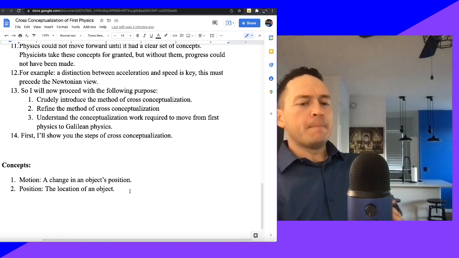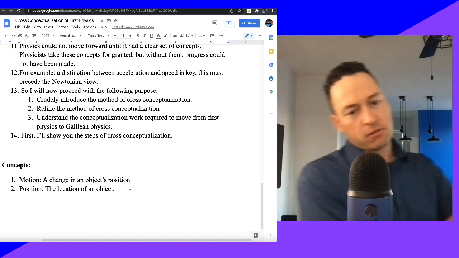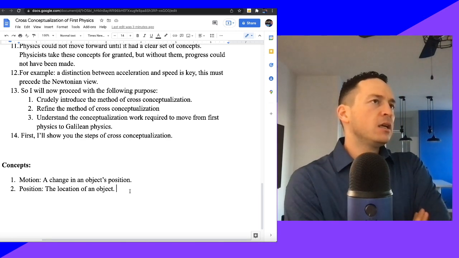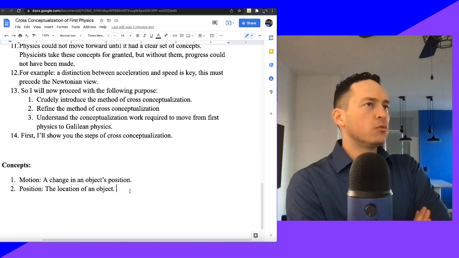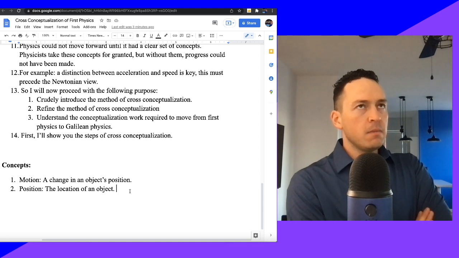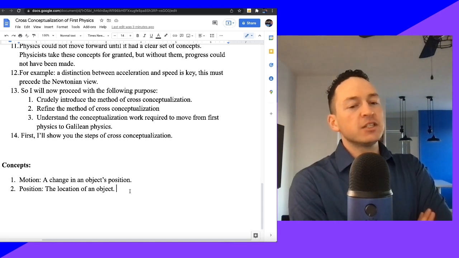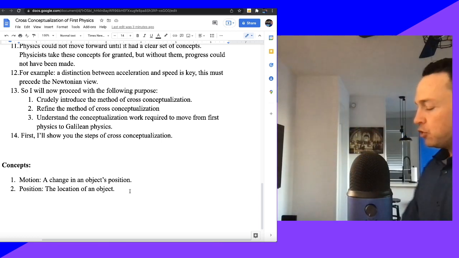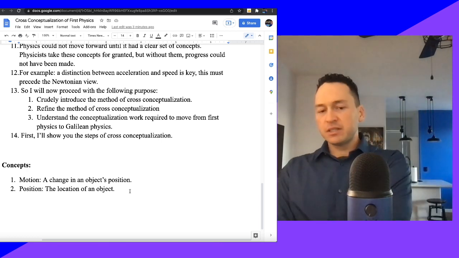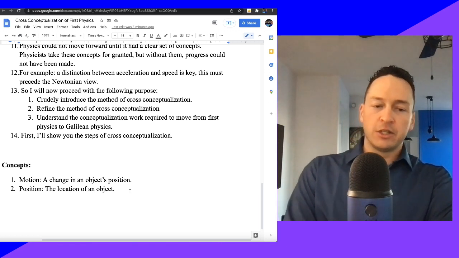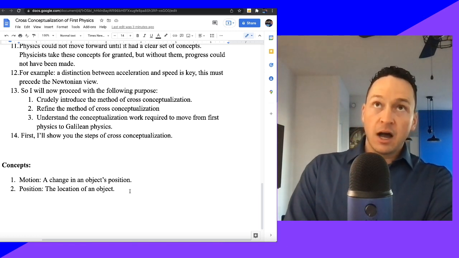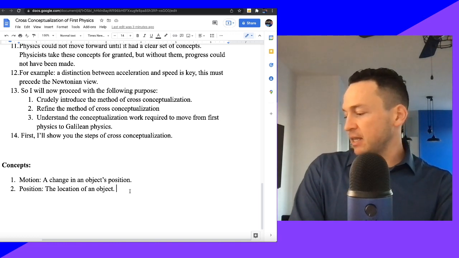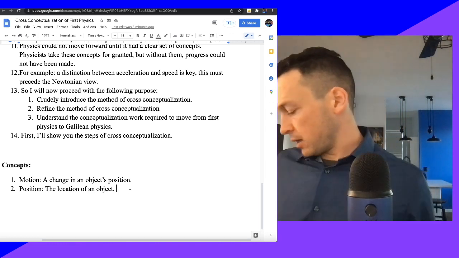So position ultimately is reducible, but I'm going to try something out. I'm going to say that Galileo tries to just explain this on its own, okay?